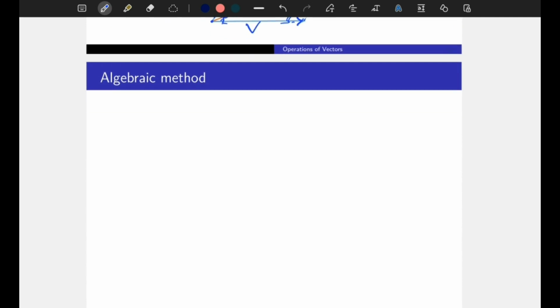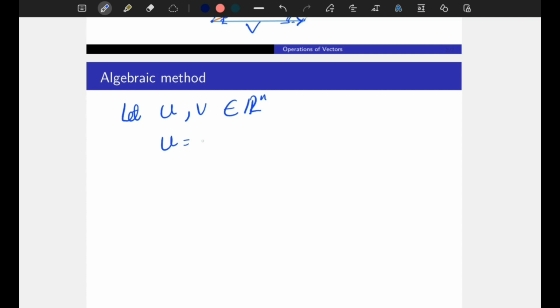And the second method is the algebraic method, or the component wise method. Let's consider u and v, which are from n space, the n-dimensional Euclidean space. We can represent these two vectors using coordinates like this.